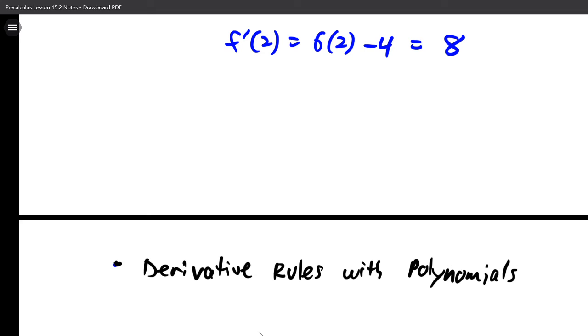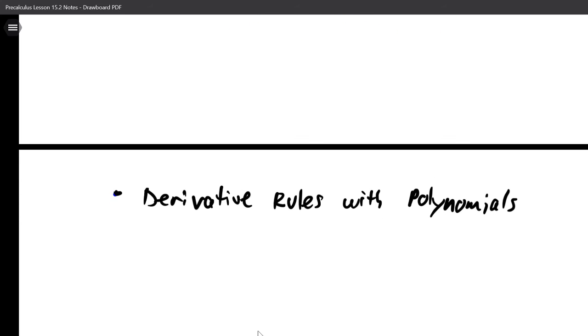Other stuff happens when you deal with trig stuff or exponential functions and things like that. But polynomials, that's what we deal with at this point. And yeah, they're nice and convenient. Let me just show you a few and see if you can pick up on the pattern. Well, first of all, let's do the one that we just did. I'll do some examples here.